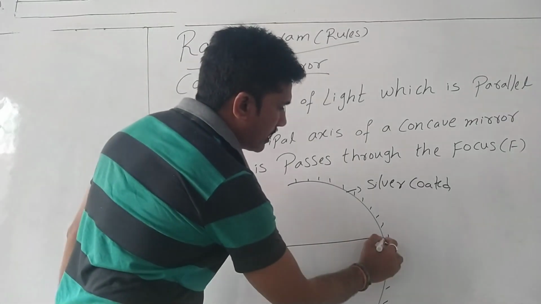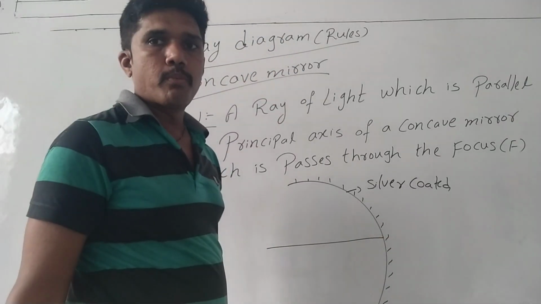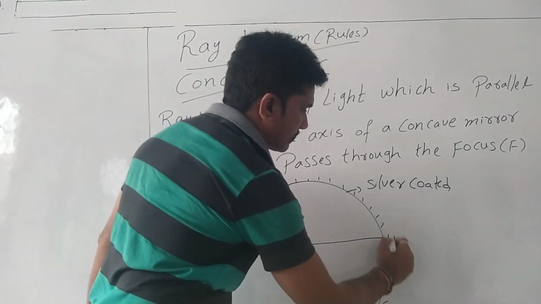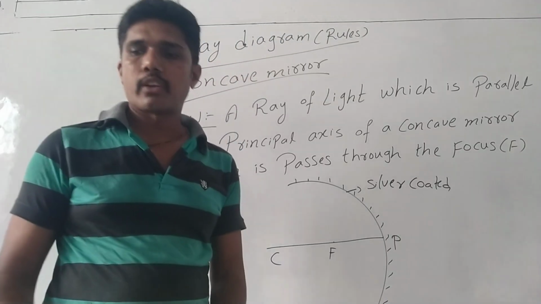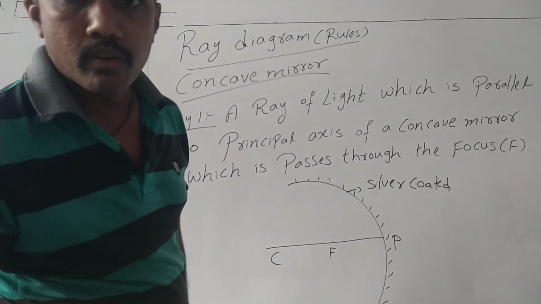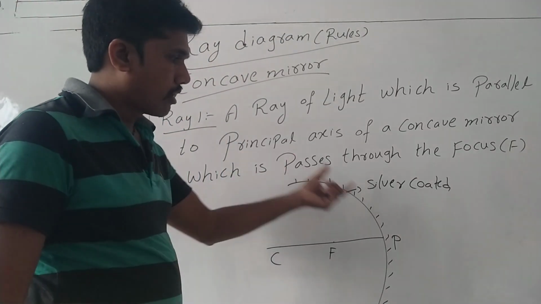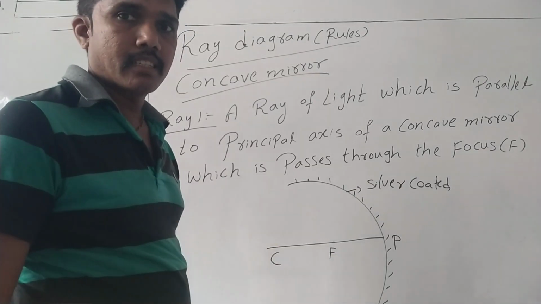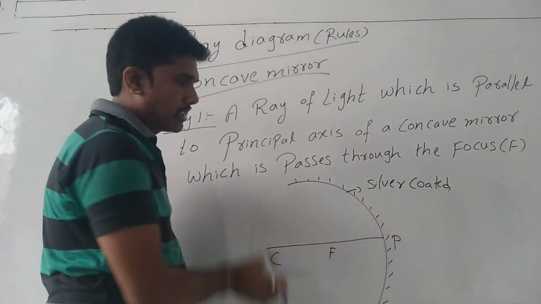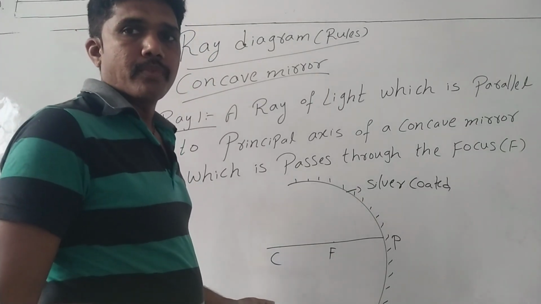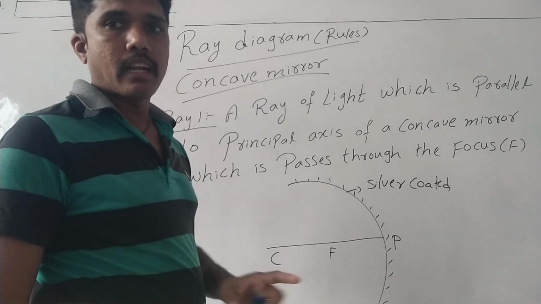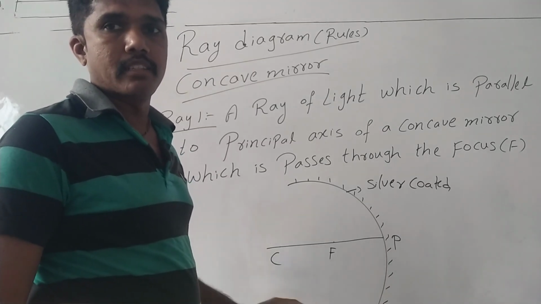The center of the mirror is called the pole. The center of curvature is the center of the hollow sphere of glass. The center of curvature does not lie inside the mirror, it is outside the mirror.